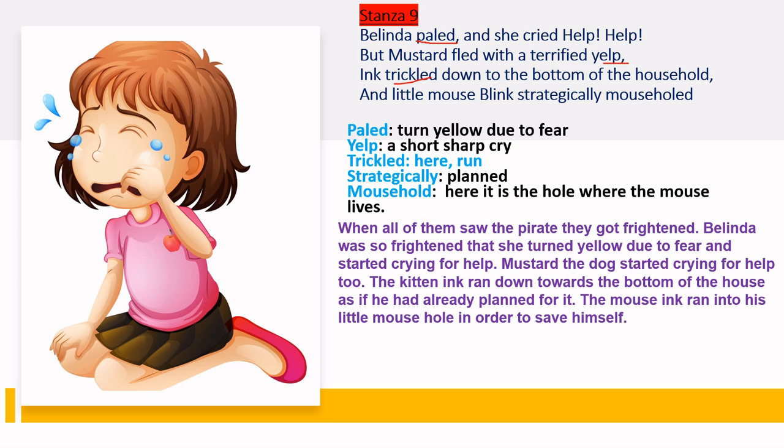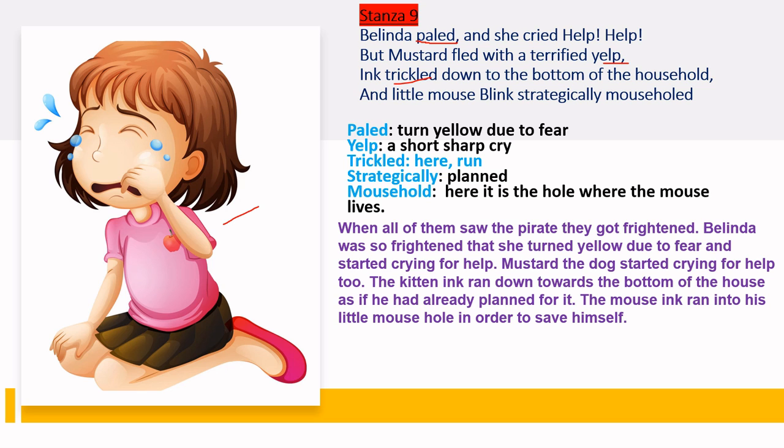Now when all of them saw the pirate, they got frightened. All the pets got very much frightened. Belinda was so frightened that she turned yellow due to fear and started crying for help. Mustard, the dog, started crying for help too.